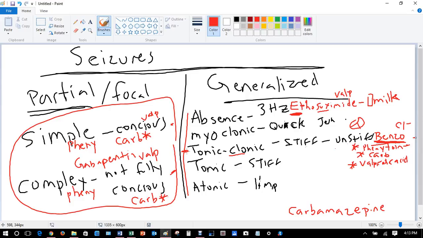Basically, it makes your gums big and weird looking. Hirsutism, another really weird one. For some reason, it makes people grow hair all over, like women too, grow facial hair. Peripheral neuropathy, that has to do with problems with your nerves in your arms.